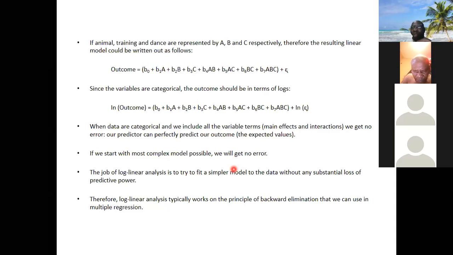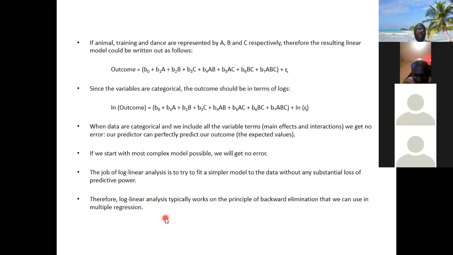If we are dealing with categorical variables and you code them very well, you will not see error. If all of them are present, there won't be error, because the reason is very simple, it is taking either yes or no, there or not there, 0 or 1. If we start with the most complex possible model, we get no error. The job of log linear analysis is to try to fit a simpler model to the data without any substantial loss of predictive power.